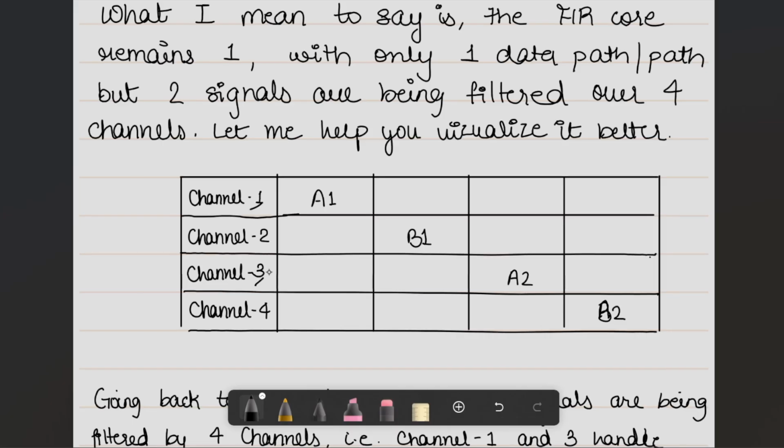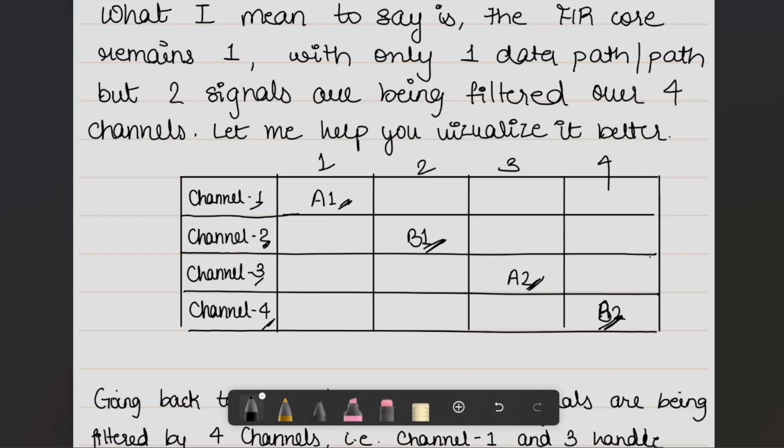channel 1 and 3 will be filtering one signal like A, which has inputs A1 and A2, and channel 2 and 4 will be filtering signal 2, which has inputs B1 and B2. This happens across 4 clock cycles. So let us say on the very first clock cycle, my FIR core behaves like channel 1 and will filter input A1.